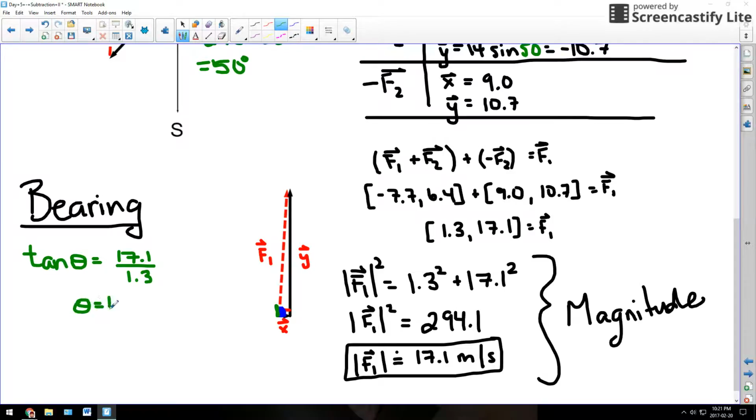Theta equals inverse tan, and we get 85.7.